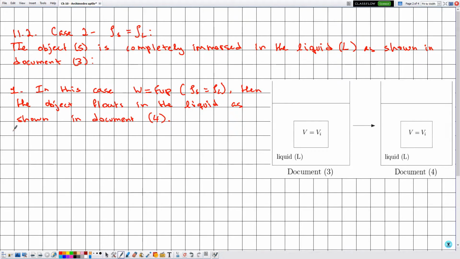Then directly now we can apply the condition of equilibrium, and we can say that in this case at equilibrium, W vector plus F upthrust is equal to 0 vector. Now moving F upthrust to the right hand side, we have that W vector is equal to minus F upthrust, and for sure we are interested in magnitude.